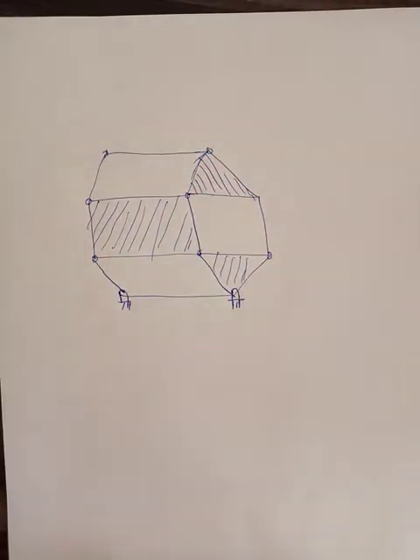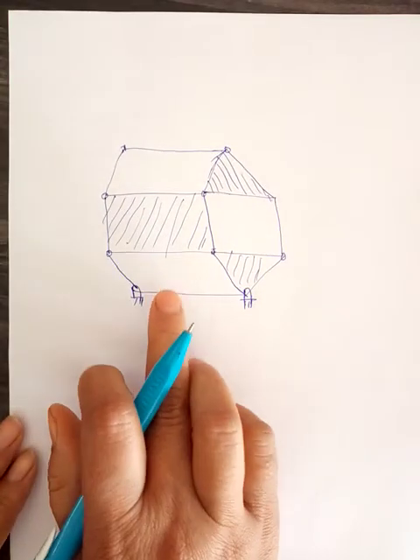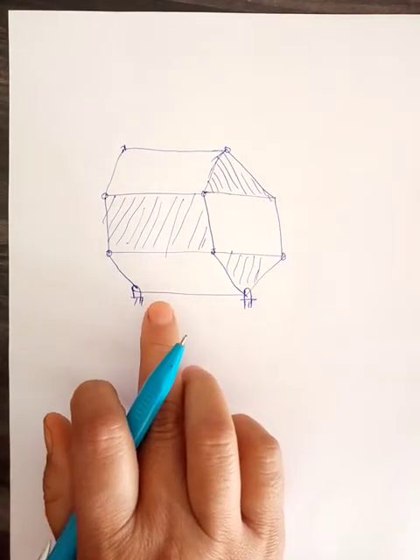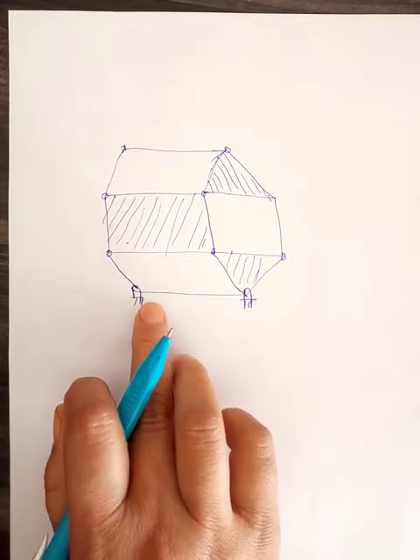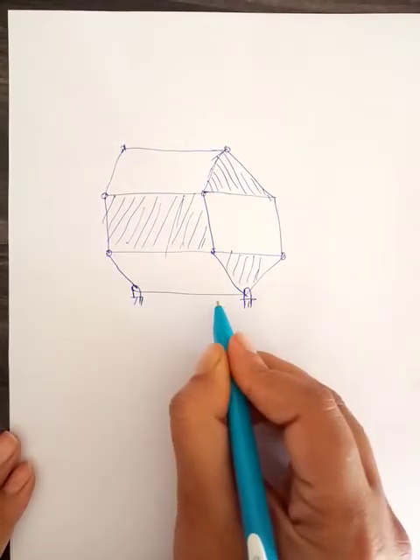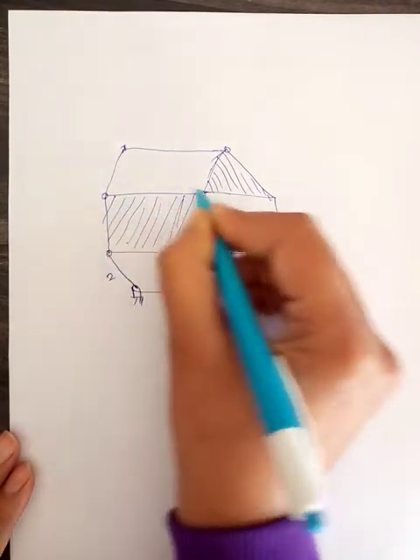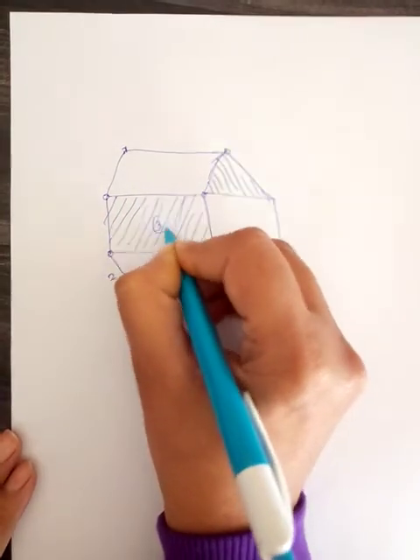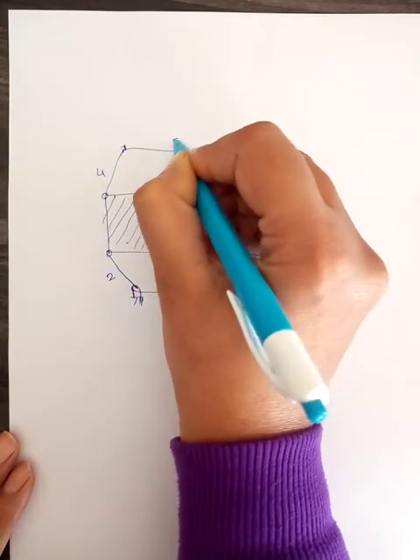In this example, we must find in a mechanism how many binary joints, how many ternary joints and how many quaternary joints there are. This is link 1, link 2, this is considered link 3, this is 4, this is link 5.